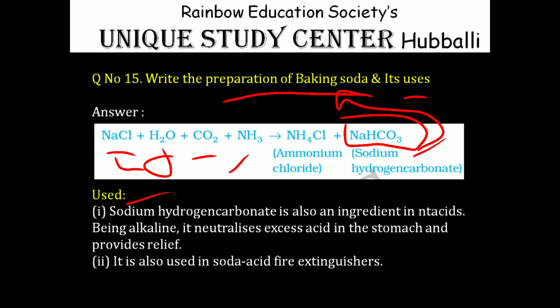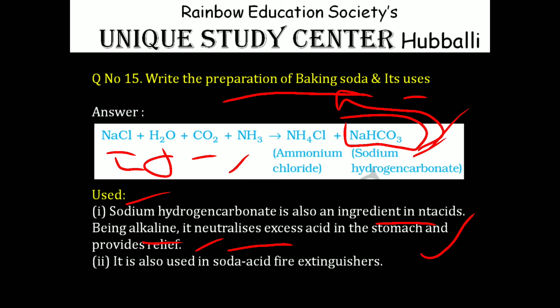The sodium hydrogen carbonate itself is called baking soda. Uses: it is used as an ingredient in antacids. Being alkaline, it neutralizes the excess acid in the stomach to provide relief. Means if acidic compounds in the stomach are too much, acidity happens, and we use a base compound. That base is baking soda.